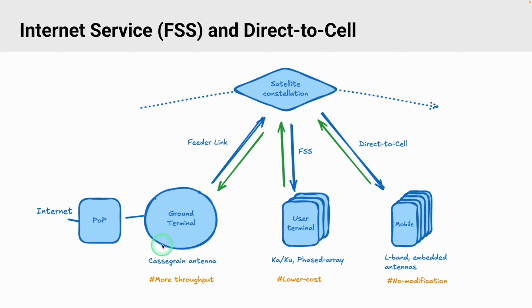The ground terminals serve as the feeder links, prioritizing higher gain and larger aperture antennas for maximum throughput, while the user terminals focus on lower cost and effective beam steering and beamforming flexibilities. For direct-to-cell, we leverage more advanced antenna design on the space vehicle so that there is no need for modifications in the consumer mobile devices.